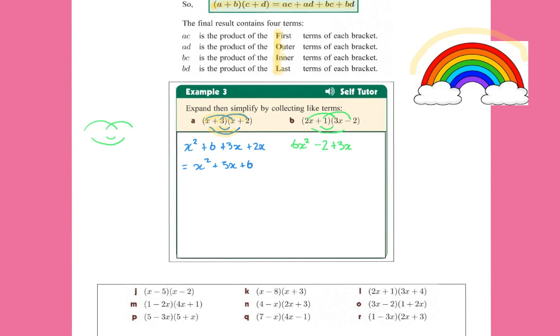And 2x times negative 2 gives us negative 4x. And then simplifying or reordering, 6x squared minus x minus 2.